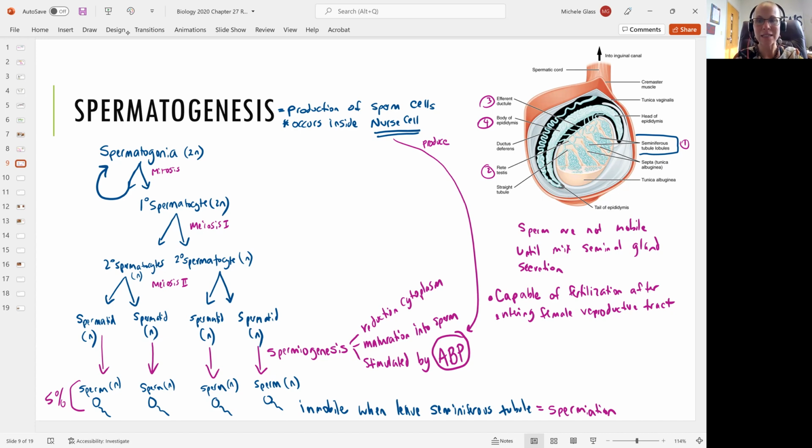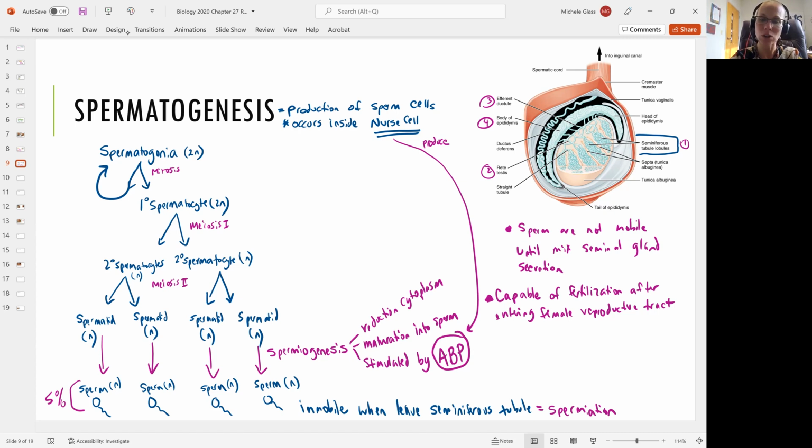Then we said there's an additional maturation process that's happening in the epididymis, and we're seeing that these cells can't swim yet. And we talked about there's smooth muscle in both the epididymis and the vas deferens that's helping to propel the sperm into the pelvic cavity. We just said that when the sperm mix with the seminal gland secretion, that's when they're mobile, but they still can't fertilize an egg until they have entered the female reproductive tract.